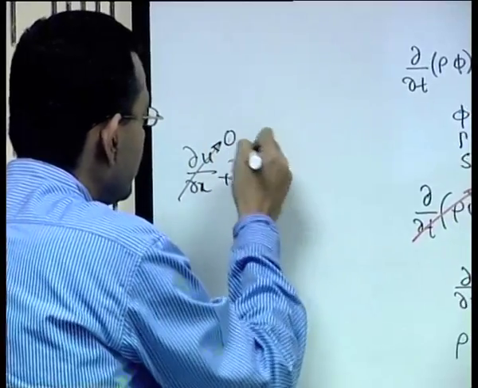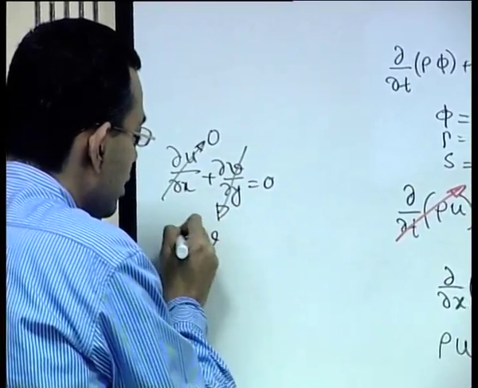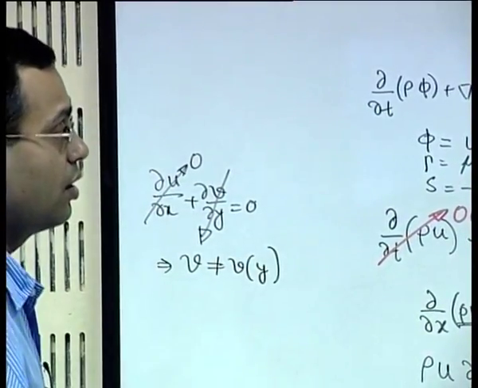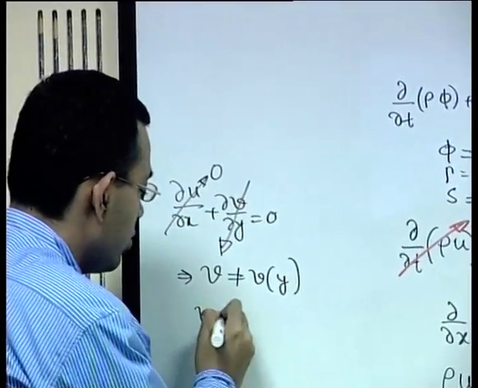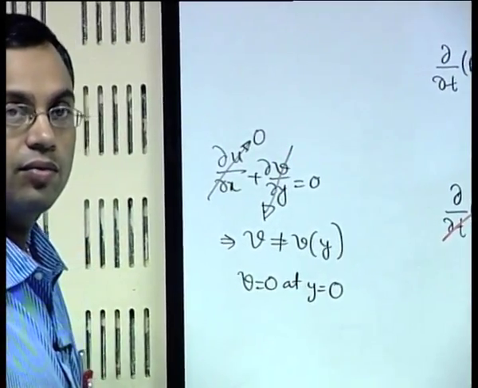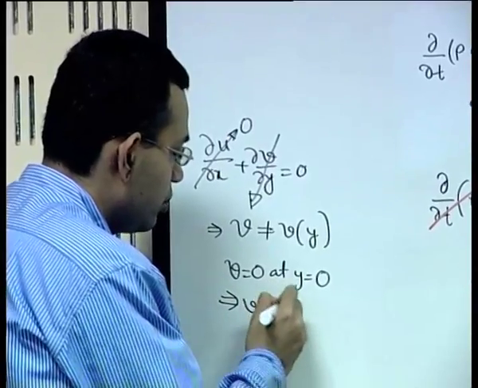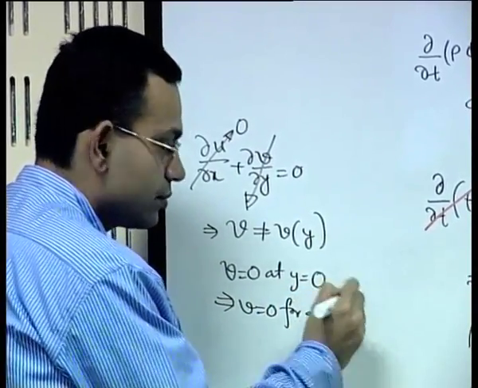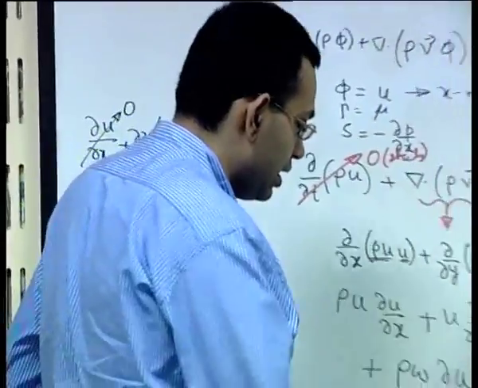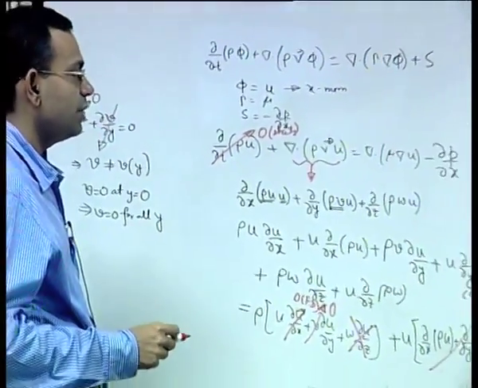So del u del x equal to 0 means you have del v del y equal to 0, that means v is not a function of y. We can say that v is equal to 0 at y equal to 0 by virtue of no penetration boundary condition at the wall, say bottom wall as an example, which implies that v is equal to 0 for all y. So, it is also a consequence of the fully developed flow that v is identically 0. Therefore, the left hand side becomes 0.